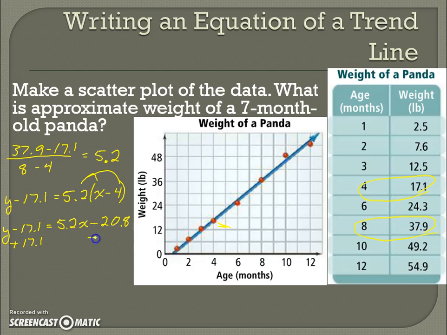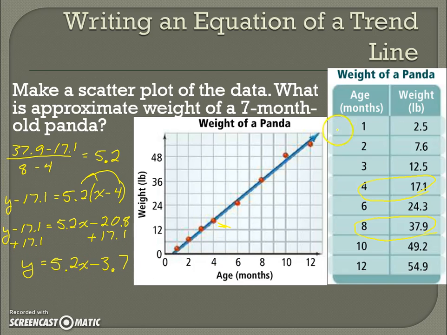Add 17.1 to both sides, I get y equals 5.2x minus 3.7. And I could check this very quickly. It says my y-intercept is minus 3.7. Well, that makes sense. If I were to continue down here, it looks like it'd be just a little bit negative. And then 5.2, it's positive, and it looks like, yeah, that's probably about what it's increasing. Okay, so there is my equation.